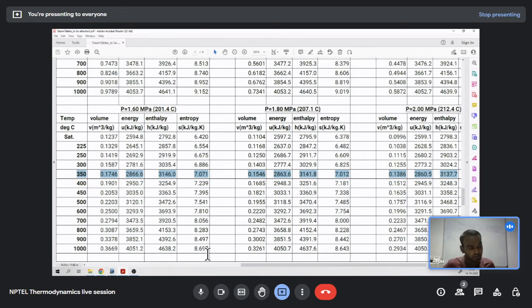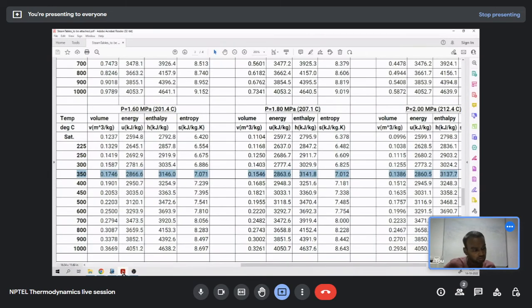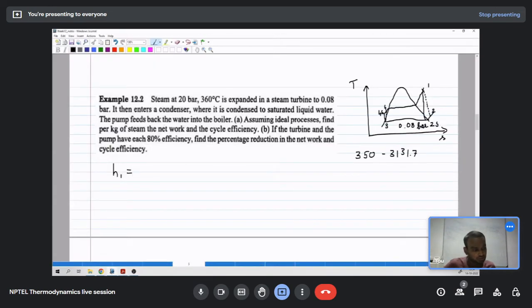At 350 it is 3137.7. So I would write down here 350, 3137.7.